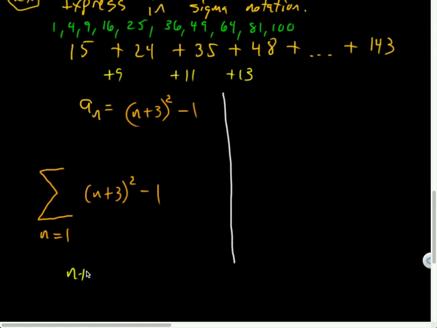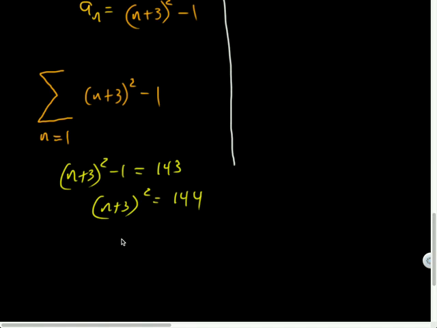So n plus 3 all squared minus 1 equals 143. So n plus 3 all squared equals 144. Root, we'll get plus or minus 12, technically, but I think we're only considering the positive value here. And then n equals 12 minus 3 is 9.